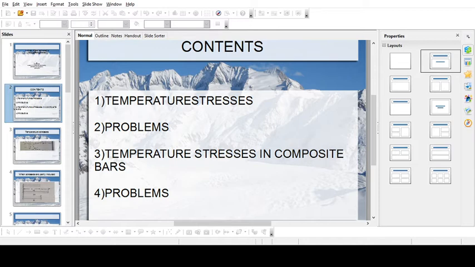When a material undergoes natural or free expansion due to the rise or drop in the temperature, then there is no strain and therefore no resistance of stress.